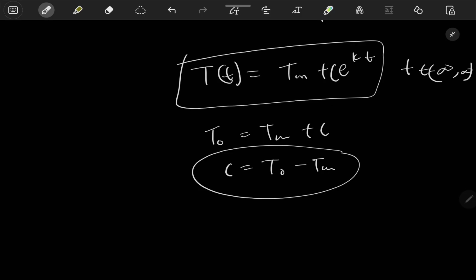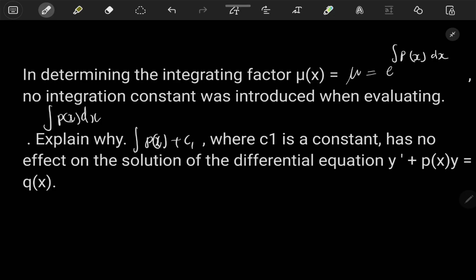Now I have a C, and I can plug it there and have one equation that defines whatever was going on there. So we just have to plug this there, then we are good to go. Remember, we use the initial value to find what C was.